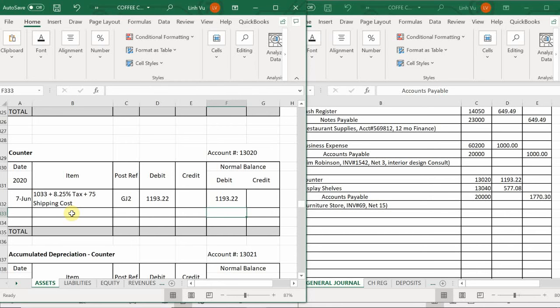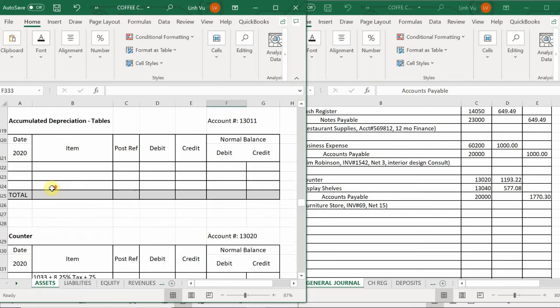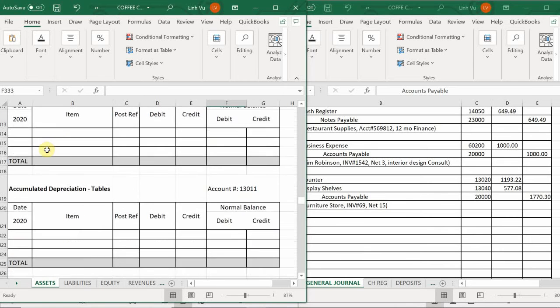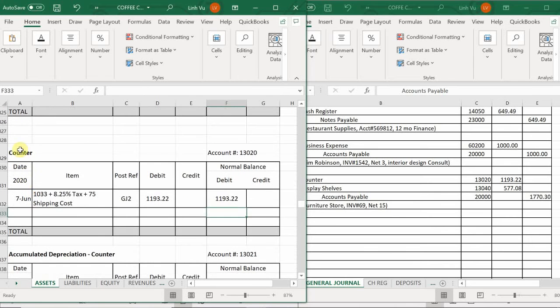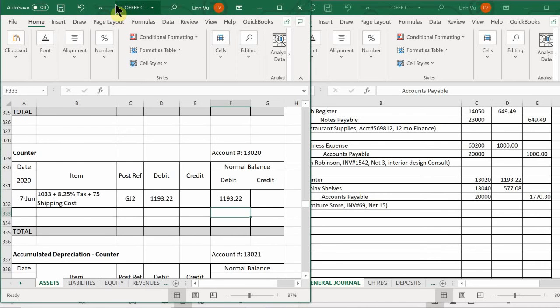I'm behind. Where are you at on the assets on your general ledger? I'm under the furniture, specifically the counter. What row number is it? Row number 329. Got it, thank you.